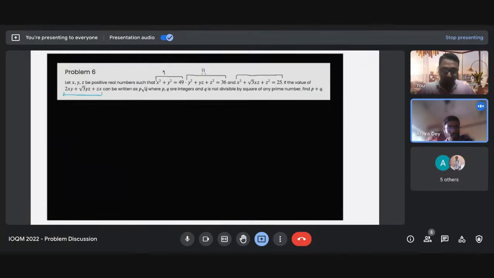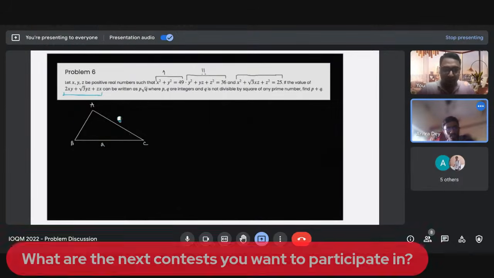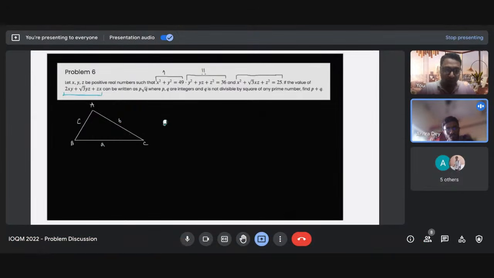I think all of you know that if we have a triangle ABC with sides a, b, c, then the standard thing is c square equals a square plus b square minus 2ab cos C. Similarly, the rest follows cyclically for a and b.